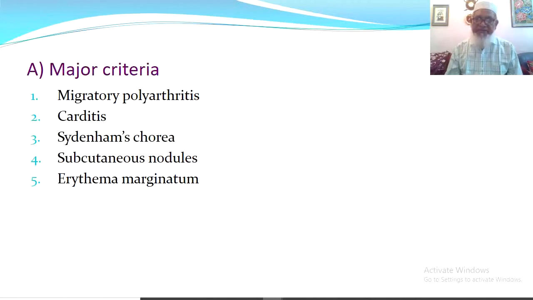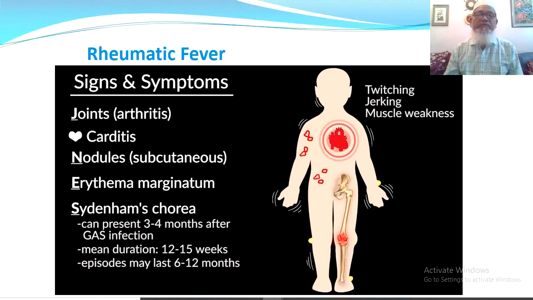The major criteria are migratory polyarthritis, carditis, Sydenham chorea, subcutaneous nodules, and erythema marginatum. These pictures show the major criteria: arthritis, carditis, subcutaneous nodules, erythema marginatum, and Sydenham chorea.